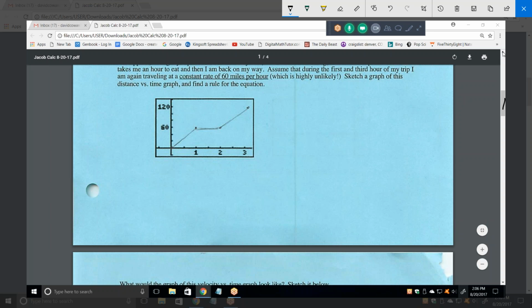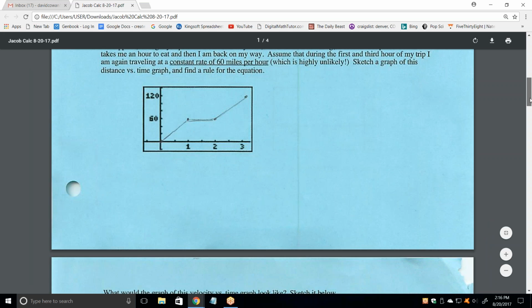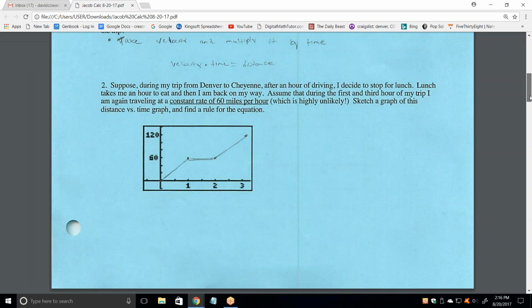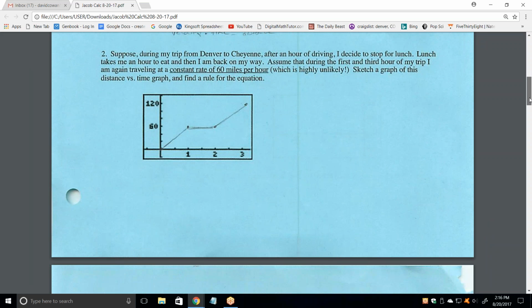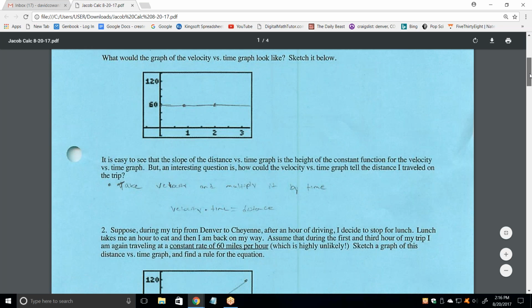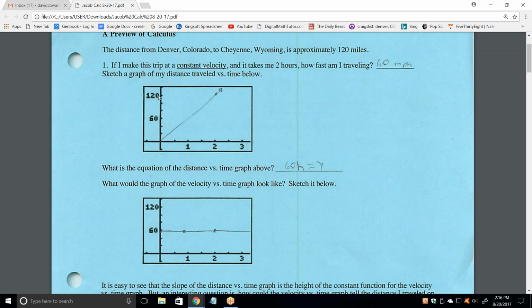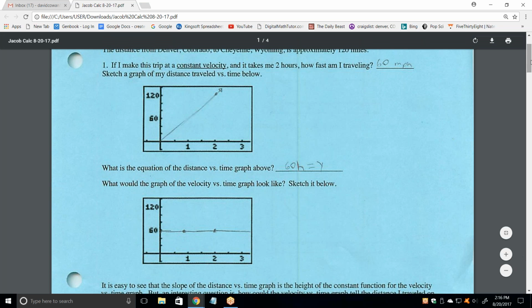I'm not in love with the way they start you out here, but I'll live with it. Got 2 just fine. In other words, you figured out. Now, notice the difference between 1 and 2. Or actually, this curve here, that's a position function on the vertical axis. That's how many miles you've driven. On the horizontal axis is time in hours. Okay?